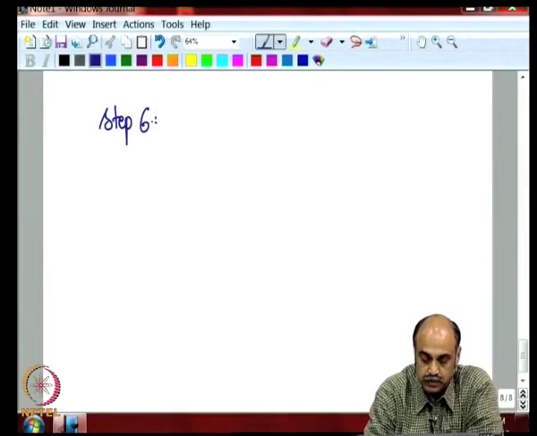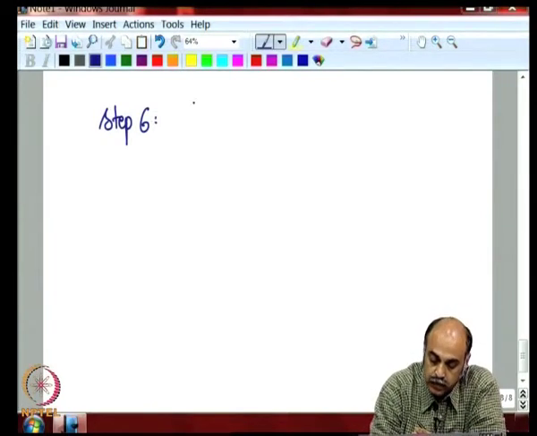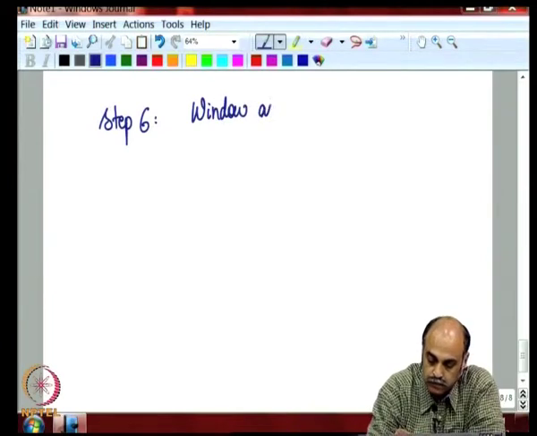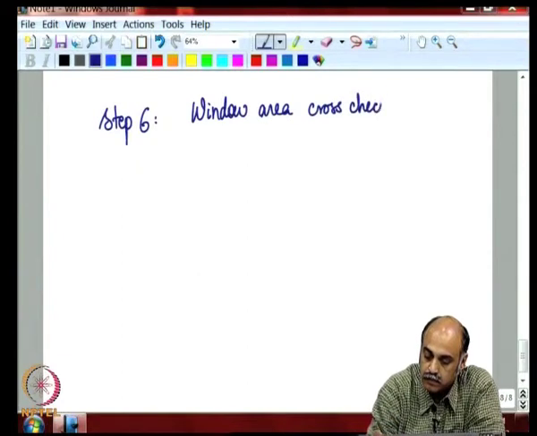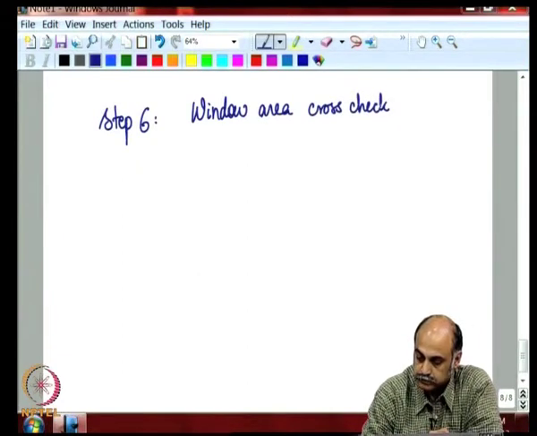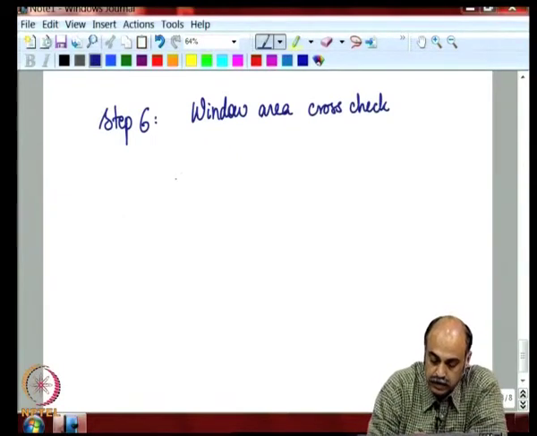So, in step 6, you make the window area cross check. What is it that we need to check?